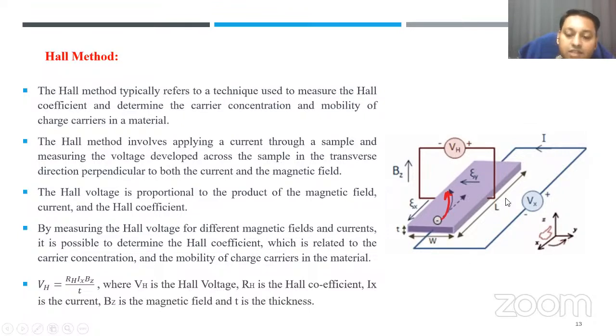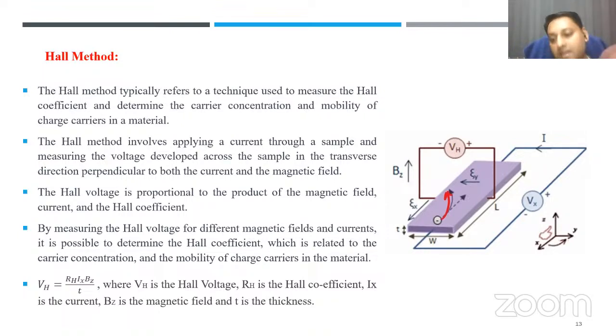So, this material has to be placed inside a perpendicular magnetic field, which is orthogonal to these two directions where we apply the current and where we measure the voltage. So, the Hall voltage is proportional to the product of the magnetic field, current and the Hall coefficient. So, by measuring the Hall voltage for different magnetic fields and currents, it is possible to determine the Hall coefficient, which is related to the carrier concentration and the mobility of charge carriers in the material.